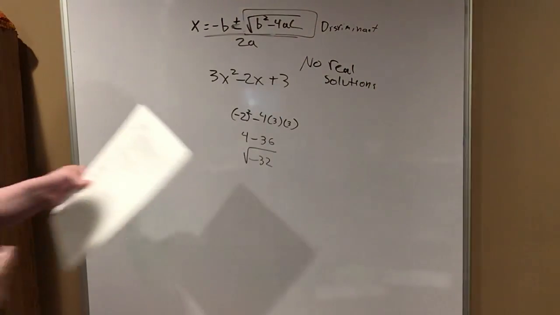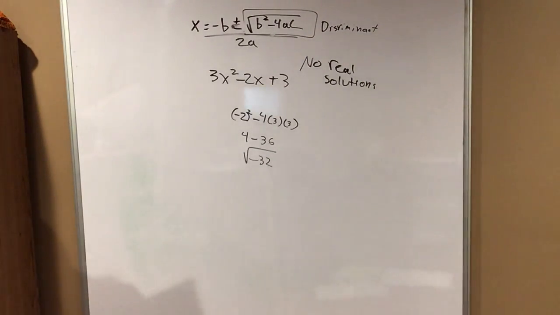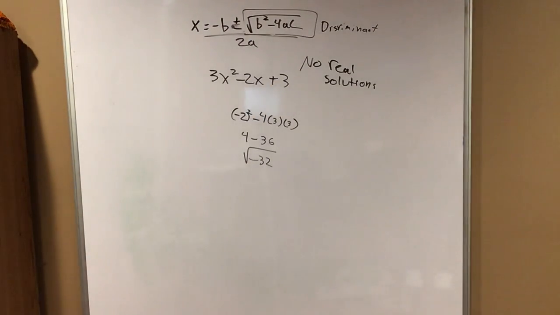So what do I mean by no real solutions? We didn't get into that in this chapter. What I mean by that is that there are actually some solutions to this, but they're considered not real because we're taking out a number that we like to call imaginary.